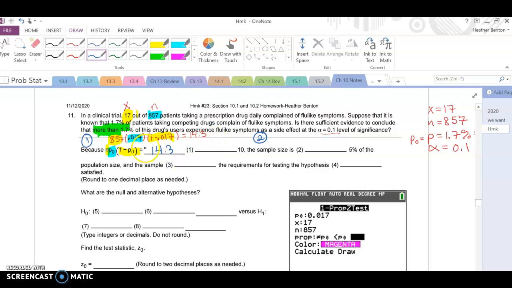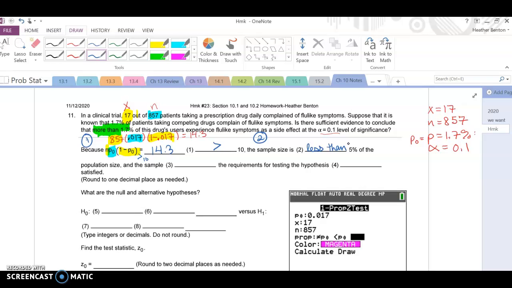The rule is that all this has to be greater than 10, so that's what they want to go right here, greater than 10. The sample size is less than, and here, there's a lot of assuming going on, and that makes me a little uncomfortable. But in theory, you have 857 patients, and apparently there's a whole lot of people taking these two competing drugs.